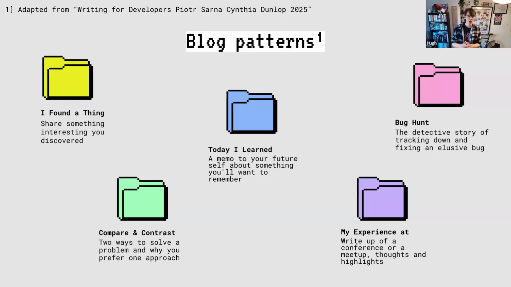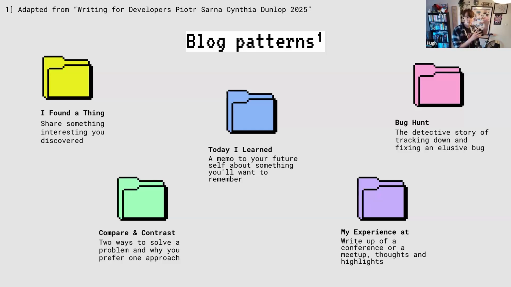And they talk about the idea of blog patterns. This is the idea that technical blogs fall into a number of distinct categories and they all share common structures. I mentioned on the previous slide writing about things you've learned and sharing that. That might be an example of a Today I Learned type blog, where it's a memo to your future self about something you want to remember.